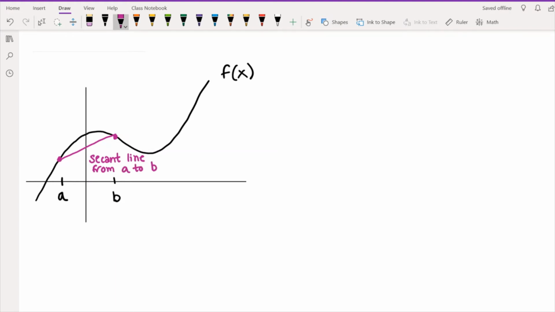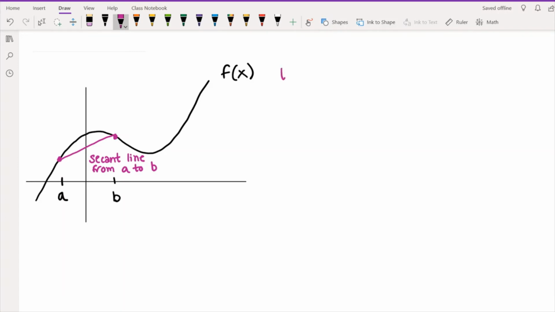So how would you find the slope of the secant line? Well, you would have to find the slope of the line the way you normally do. So how do you find the slope of the line? You do the change in your y values, and then you divide that by the change in your x values.